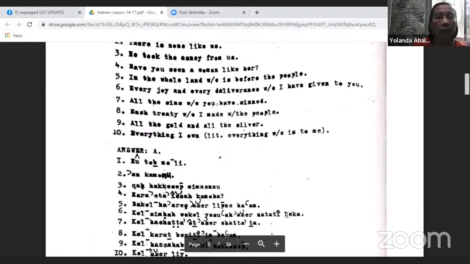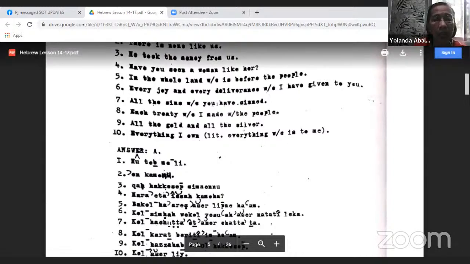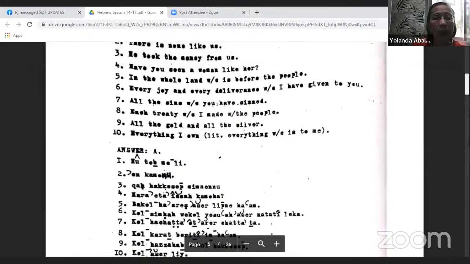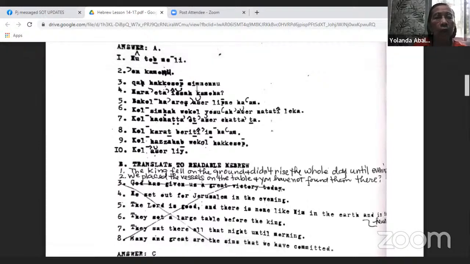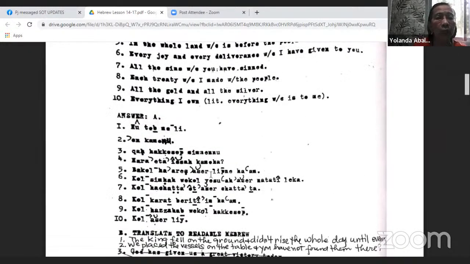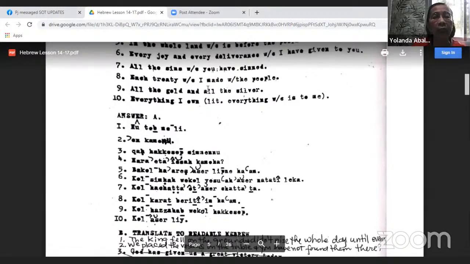Number 7, all the sins which you have sinned. Kol katataot, Asher katata. Alright. Number, ano na tayo? 8. Each treaty which I made with the people.